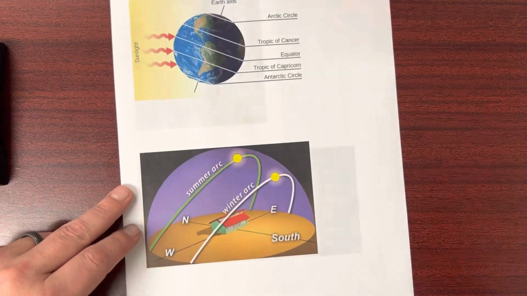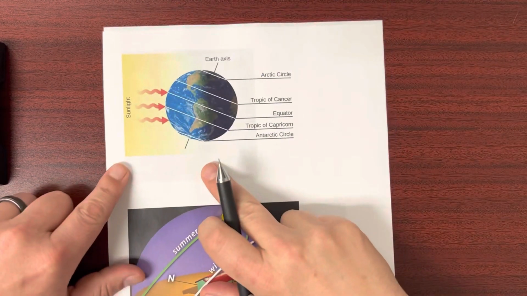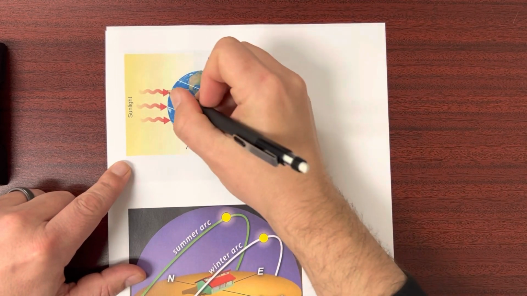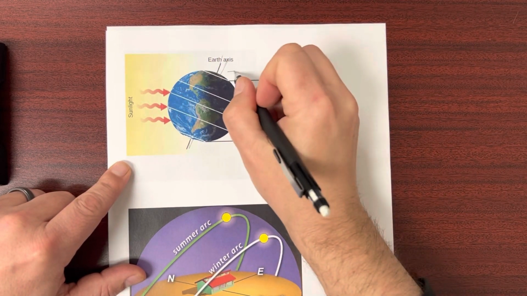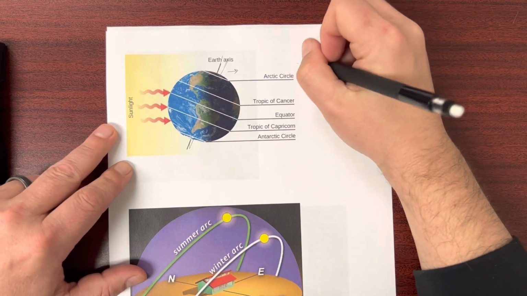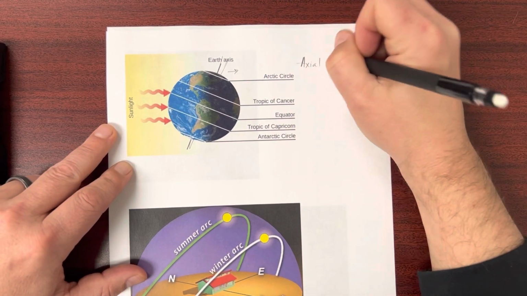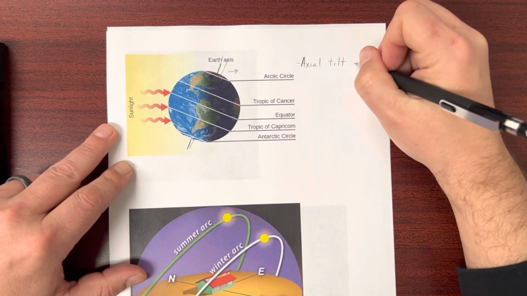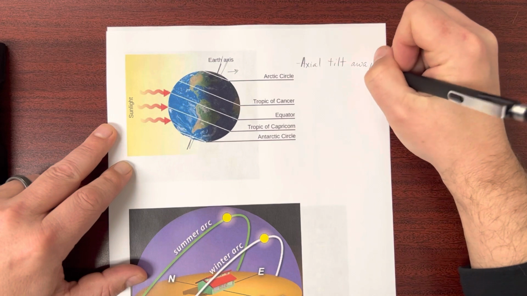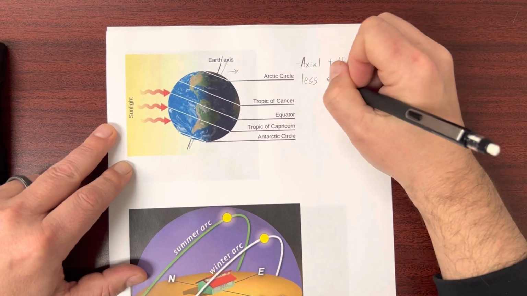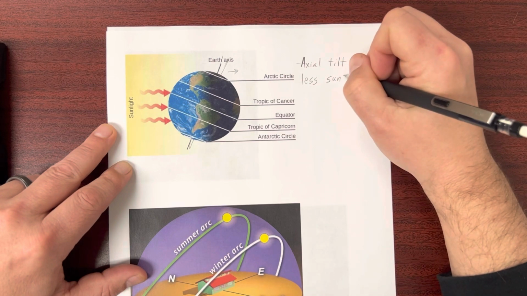Now, if we take a look at this image, it's the exact opposite. You can see the northern hemisphere, which is this top portion, is pointed away from the sun. So the axial tilt is away, and that means there's less sunlight hitting the northern hemisphere where we live.